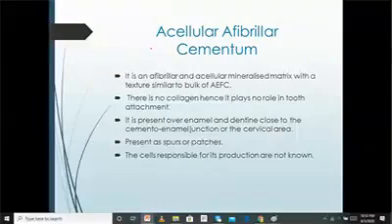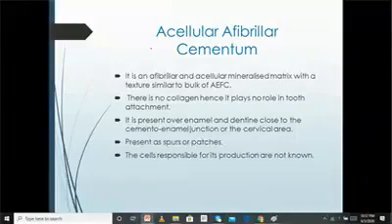The extrinsic fibers are not uniformly mineralized. They have a central unmineralized core. And what else? The cells producing both these types are cementoblasts, but the two types of cementoblasts producing these two types of cementum are phenotypically different.